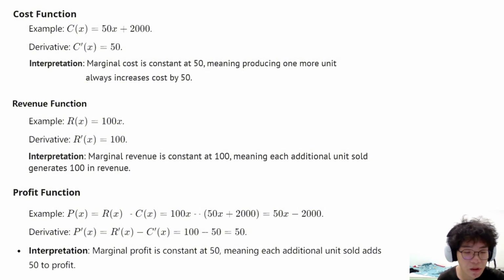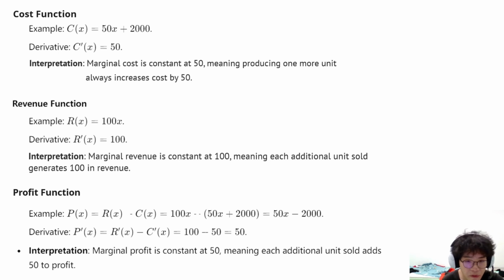And for the revenue function, R(x) equals 100x, and its derivative is 100. So marginal revenue is constant at 100, meaning each additional unit sold generates 100 in revenue.